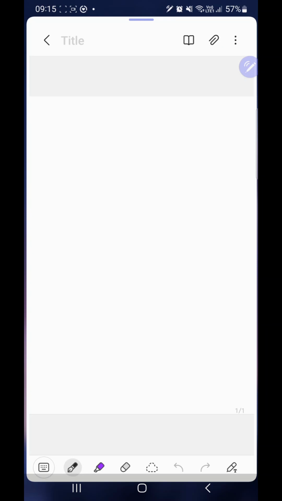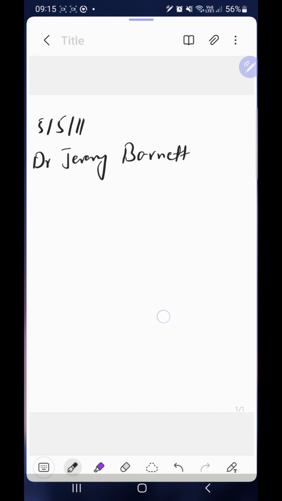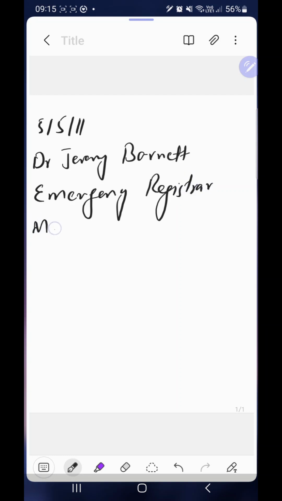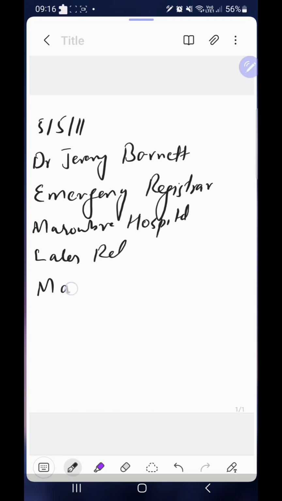Now, coming to the format of writing, on the top left corner, we write down the date. Then the name after leaving one line. Then emergency registrar, hospital. This is the general layout.